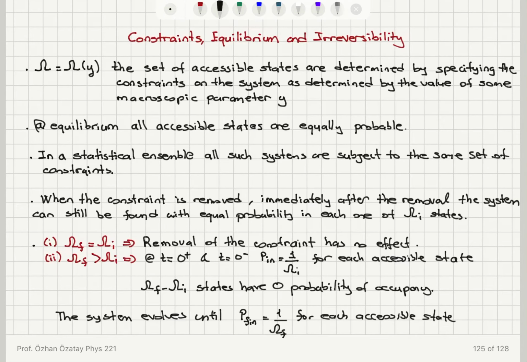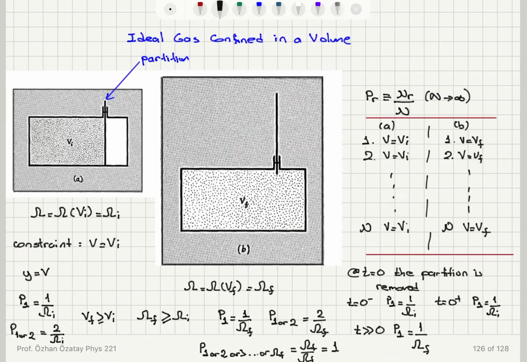So for t greater than 0 plus, the probability of each accessible state is time dependent, and as t much greater than the relaxation time, tau r, the probability will not be time dependent anymore. It will saturate and each accessible state will have the same probability 1 over omega final.